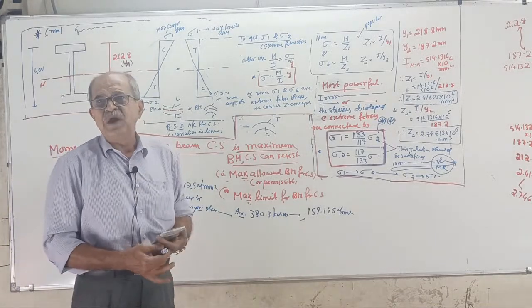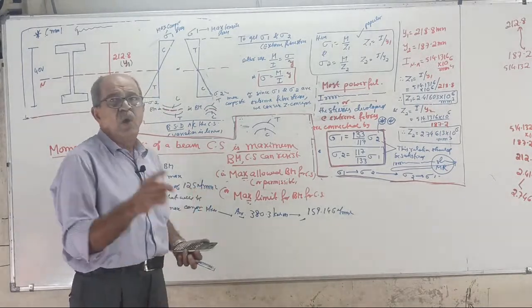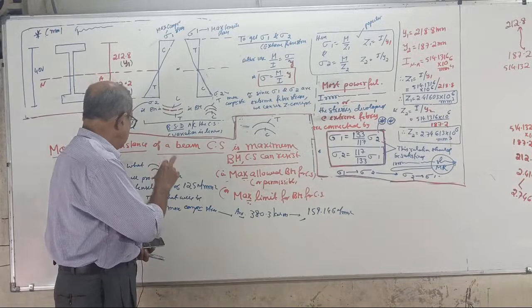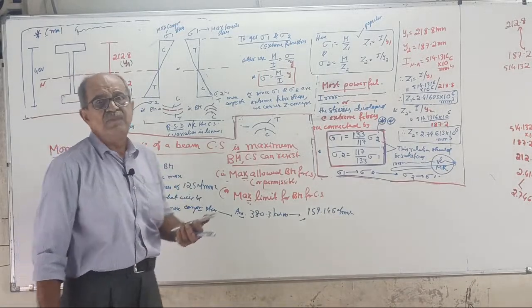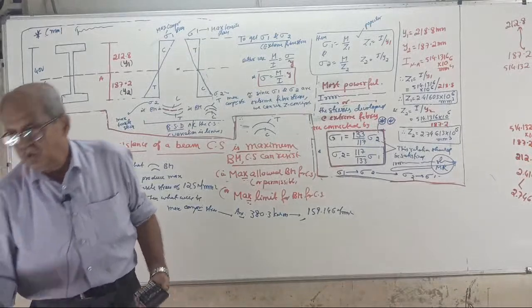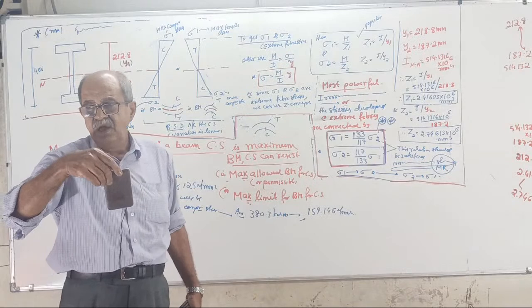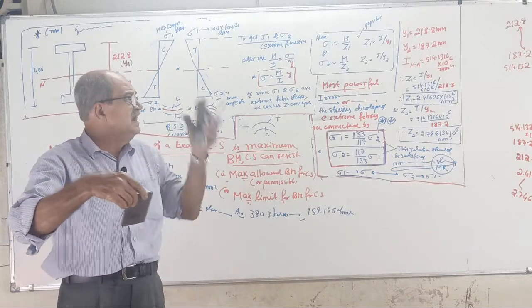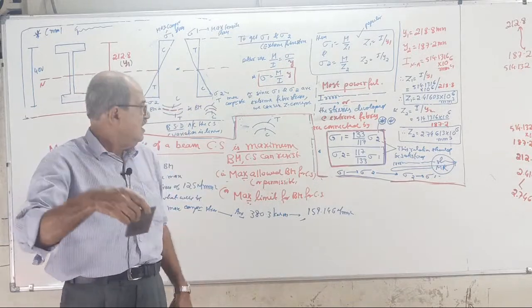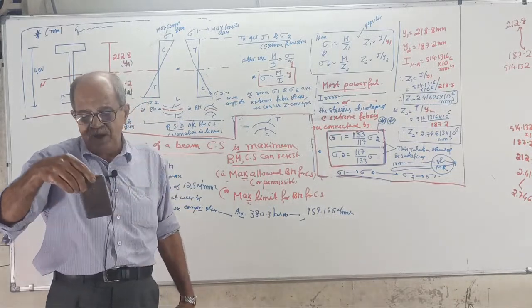Now you have to find such a BM, hogging BM, that will produce tension of 125. Tell me which fiber? Top or bottom fiber?